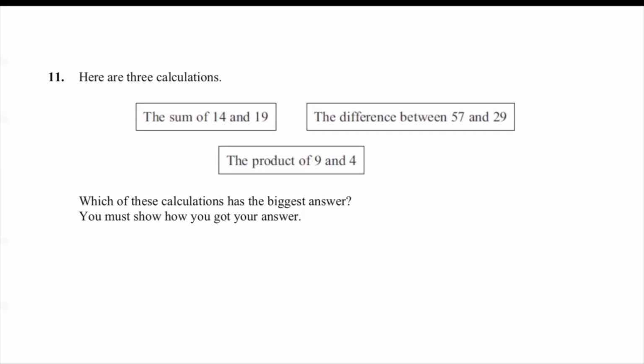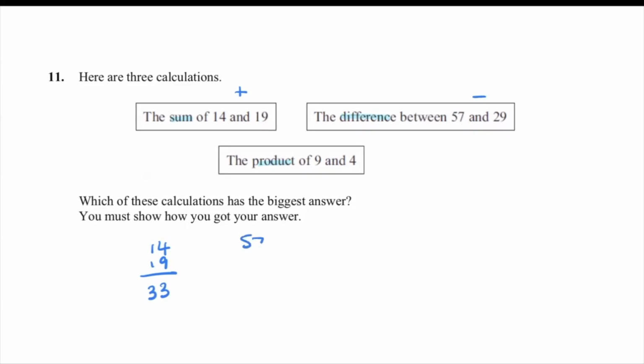Okay, so to work out which of these has the biggest calculation, we basically need to do them, and they're testing our knowledge of the words sum, difference, and product in this question. The sum is when you add. So we've got 14 and 19, which gives us 33. The difference is a takeaway.